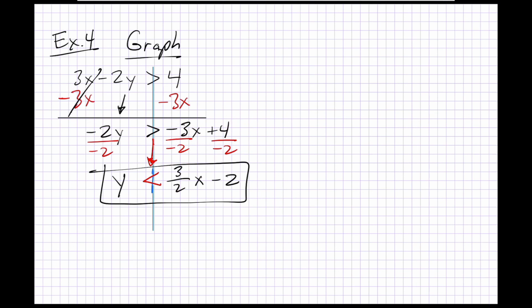So there we go. So this is going to be my slope, and this is going to be my y-intercept, which is 0, negative 2. Okay, so let me make my graph.